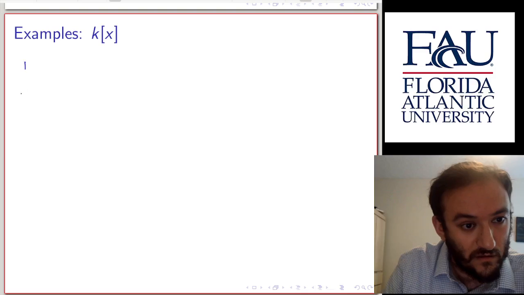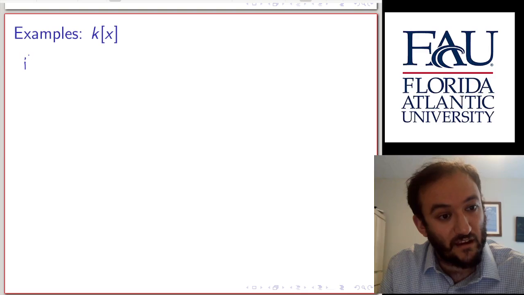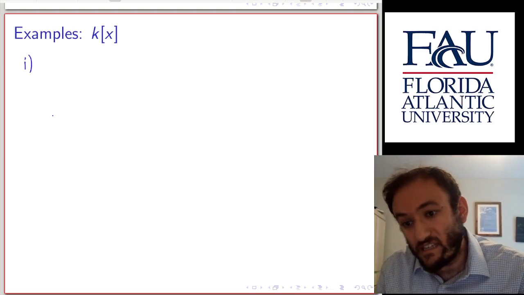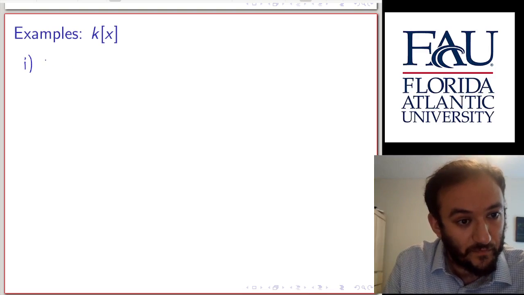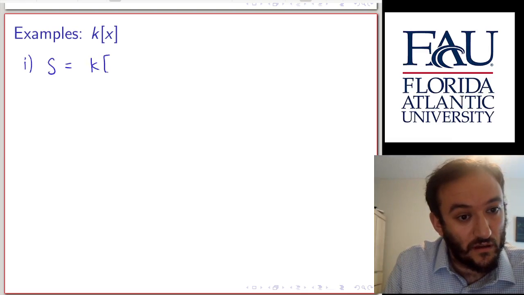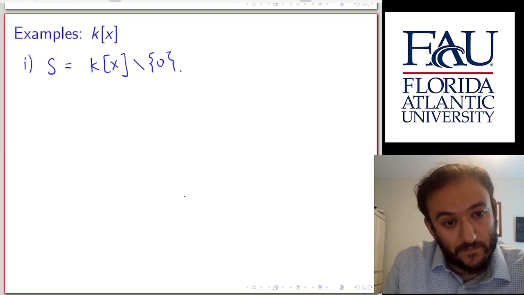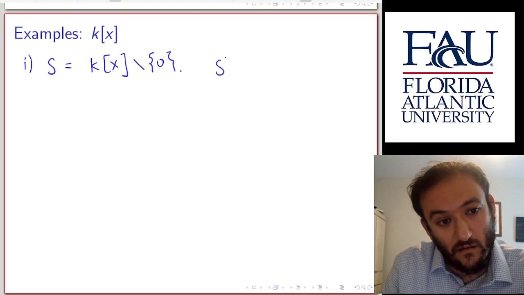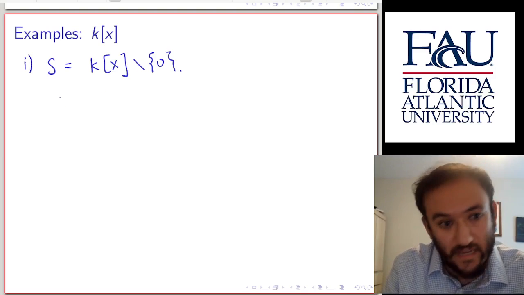So the standard thing to do would be, in the same way that we localized by the whole ring of integers except for 0, you could do the same thing here. So if we let S be equal to k adjoin x except 0, then clearly this is a multiplicatively closed subset.